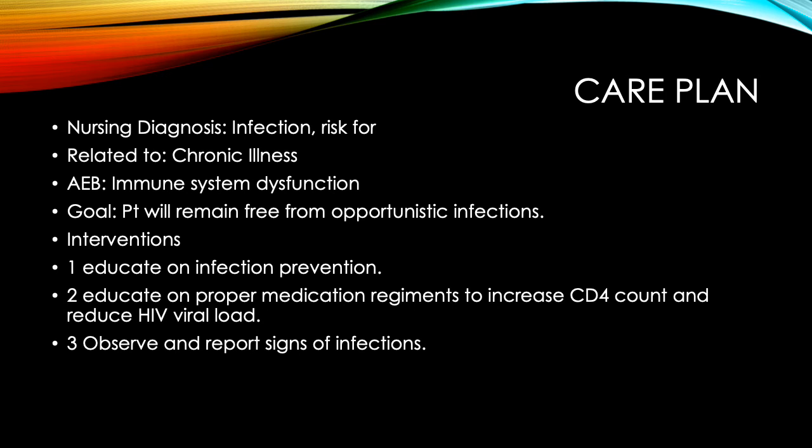And we also need to teach him to observe and report any signs of infections. That could be fever, shortness of breath, changes in skin, looking for things like lymphoma, Kaposi sarcoma.